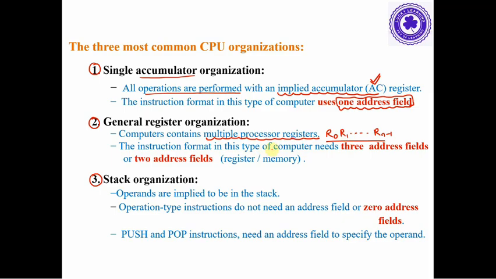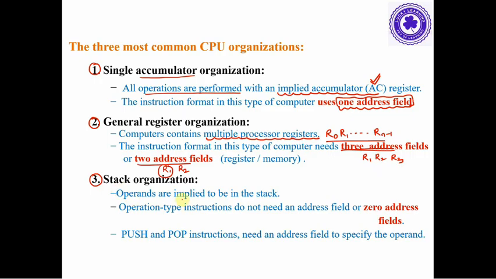The instruction format of this type of computer needs 3 address fields or 2 address fields. 3 address fields are needed to specify 2 operands and one for the result. In 2 address fields, both are used as operands and one of the registers is used as the result.